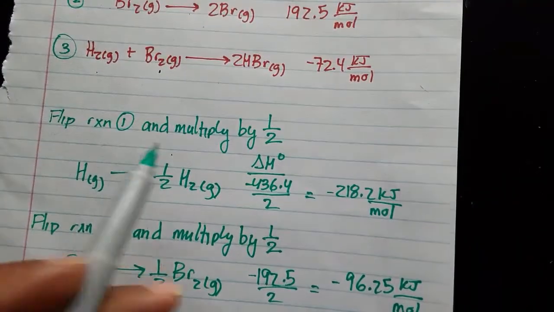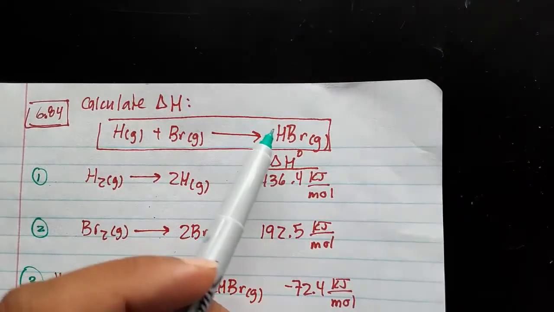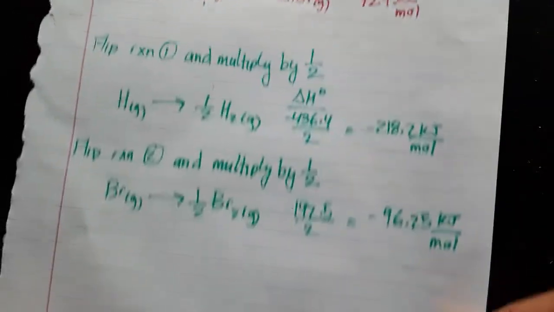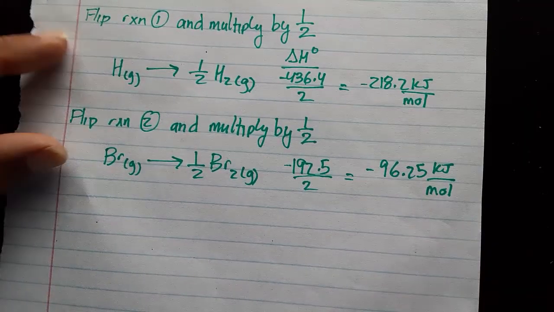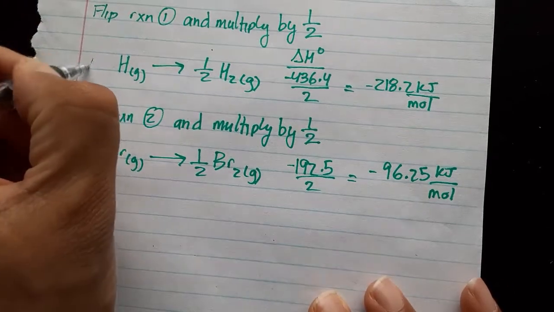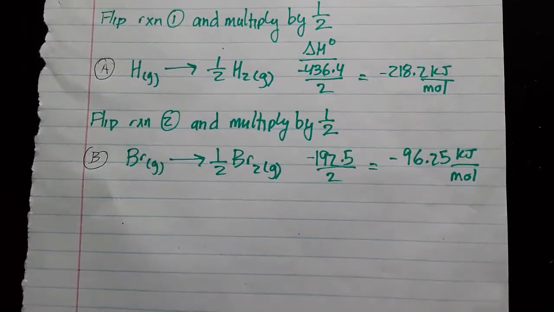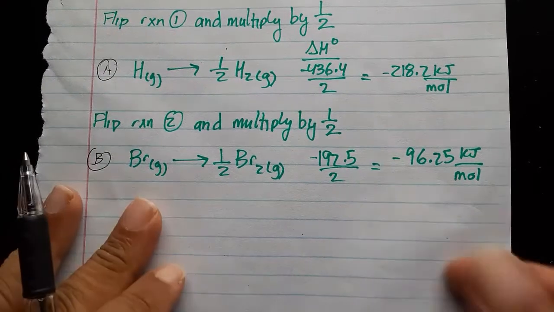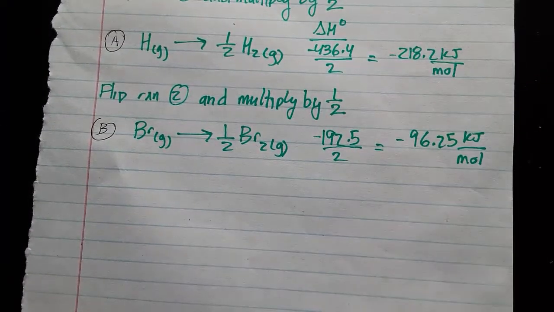Now let's take a look at this. I have 2 HBr on the product side, and I have HBr on the product side here. Before I move on, I'm going to add these two reactions together. I'm going to call this reaction A, and we'll call this reaction B. Before we play around with this third reaction, I'm just going to add A and B together. And remember, when we add A and B together, we add the corresponding delta H values together.